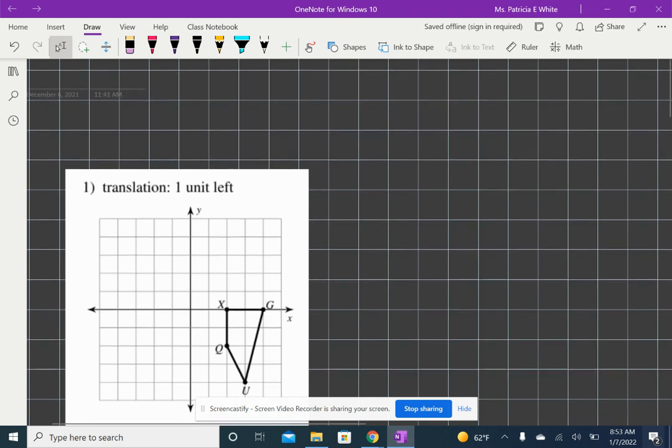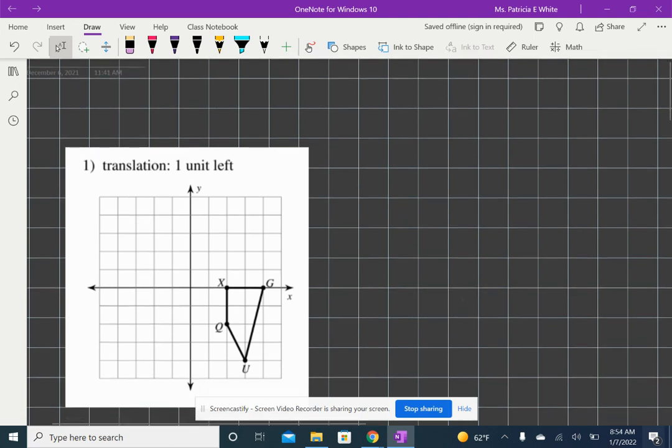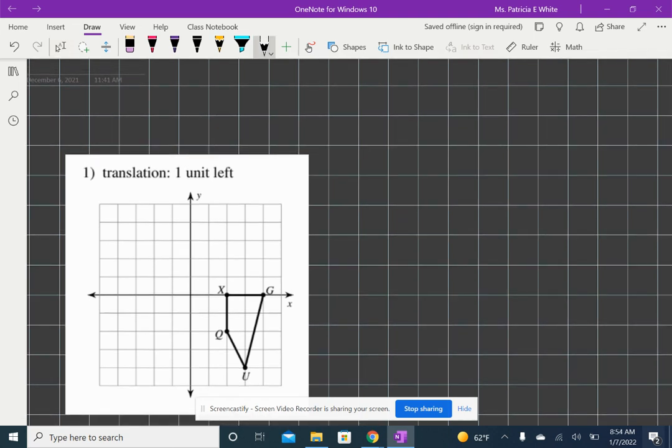Okay, guys, we're going to practice on our problems here. You have this paper. I'm going to do problems with you, and then you do them on your own, the ones I don't do. Remember, you should have your notes out. When it says right, we add to our x.